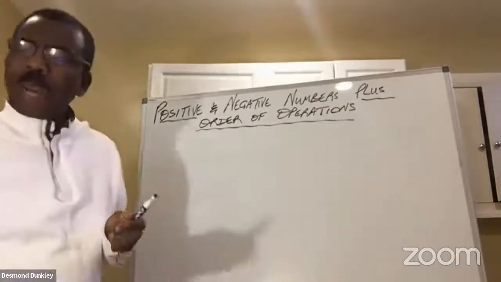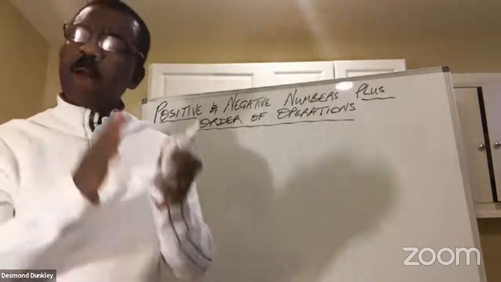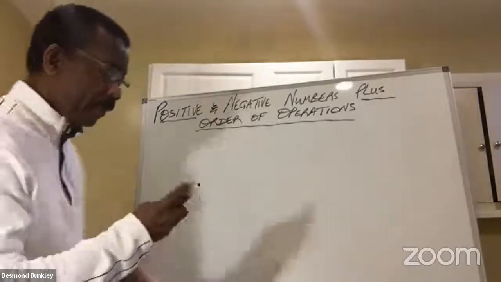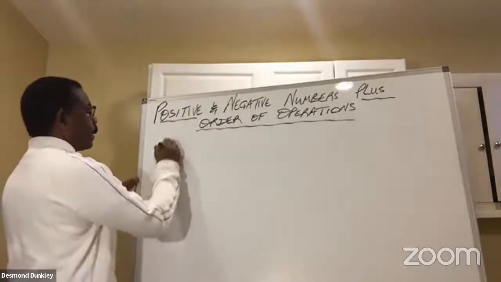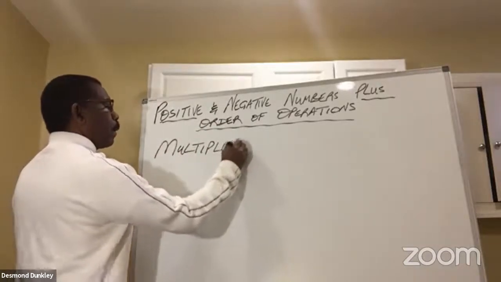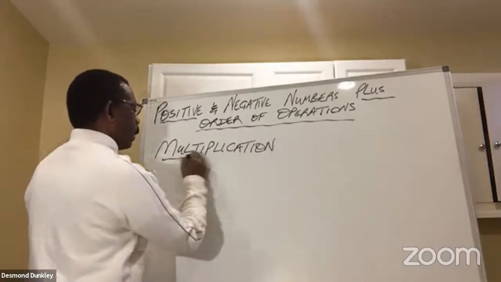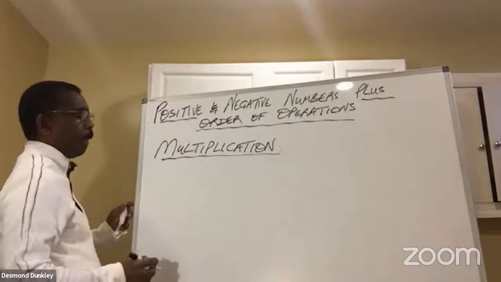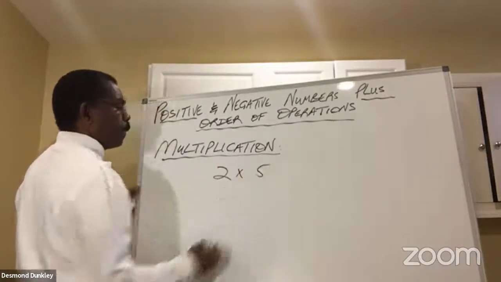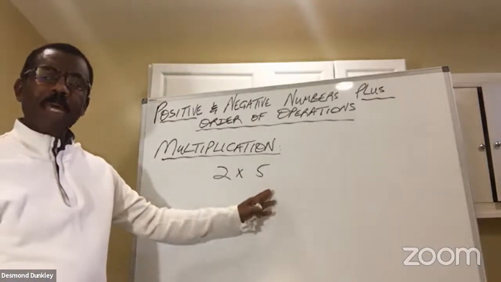I will take this time right now to tell you that multiplication and division follow the same rules when dealing with negatives and positives. So, for multiplication, if we had, say, 2 times 5, again, it's positive 2 times positive 5.